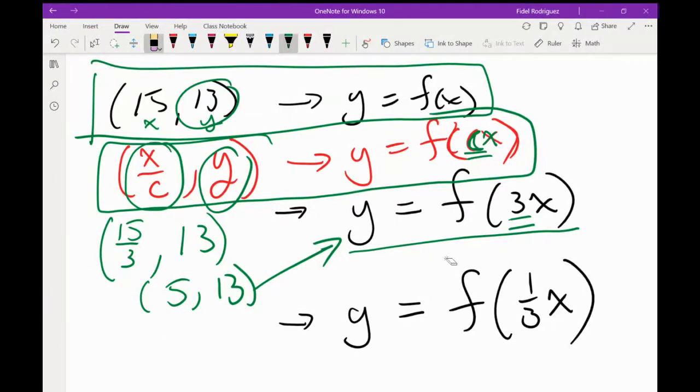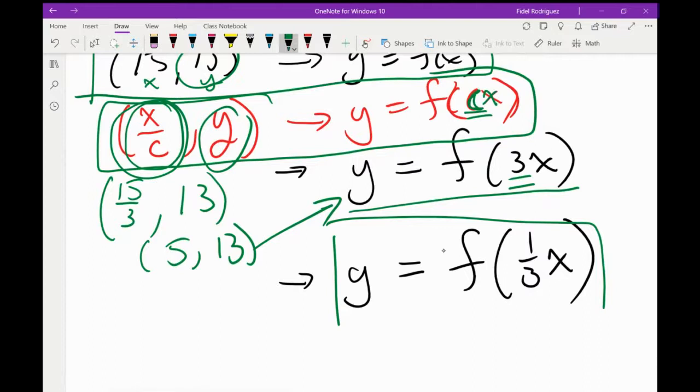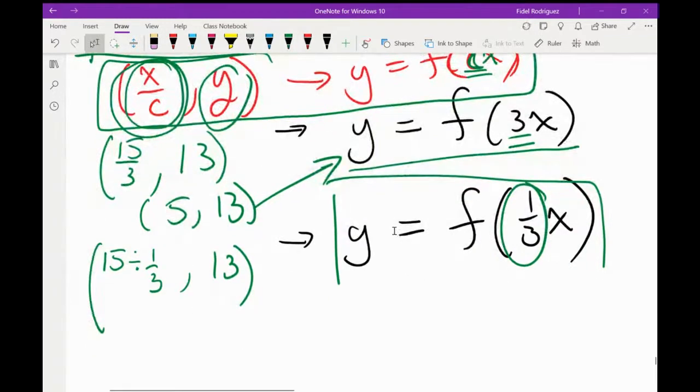For this part, we do the same thing. We take x and divide it by c. Remember, my x number was 15. So I'm going to write it like this: 15 divided by 1/3, look at what the number c is here. The 13 is going to stay the same. Think of this 15, y'all, as 15 over 1.